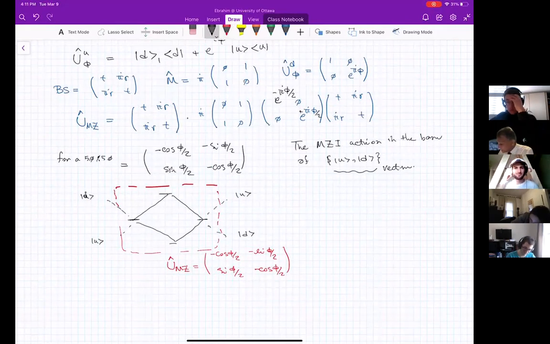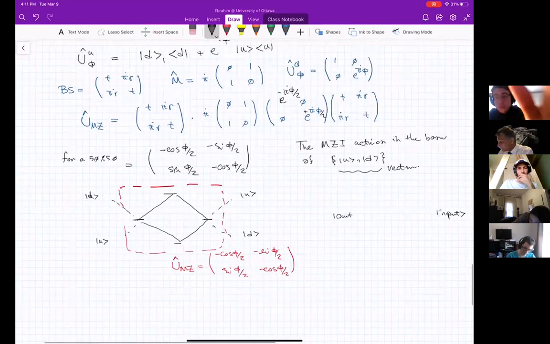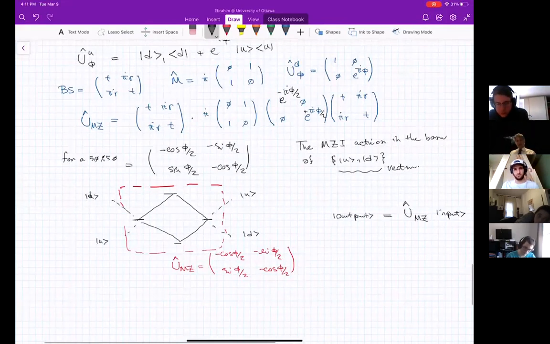Good. So the input state is related to the output by this Mach-Zehnder interferometer operator. So let's ask someone who wants to be a volunteer.